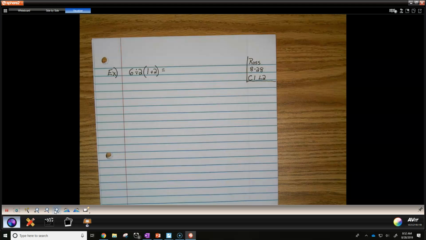I've got friends that are grown-ups, professionals, and they are arguing. I see people go, "Oh my gosh, this is so stupid," and they tell me the wrong answer. Let's see if we can use order of operations. What is the first step we will do?